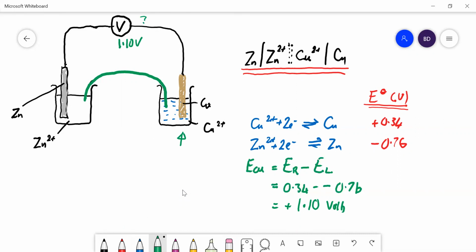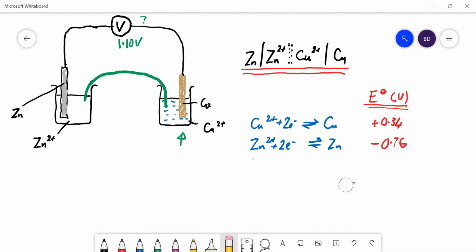Now let's see how we can use it to predict the direction of reaction. If we look at those two half cells, let's think about which one is best at pushing away electrons. The one that's best at pushing away the electrons is the most negative one, this one here, because the electrons are negative. If it's pushing away electrons, that means the zinc is going to be turning into Zn2+.